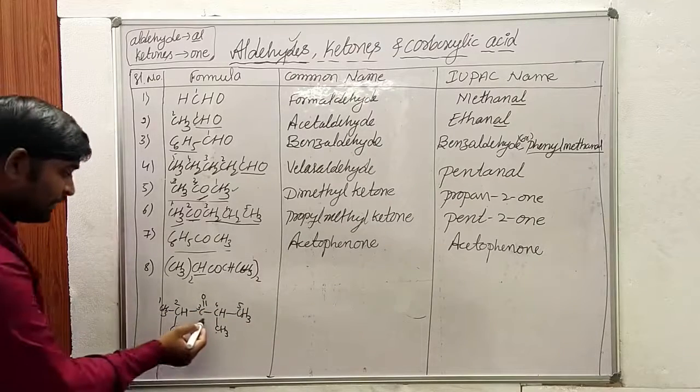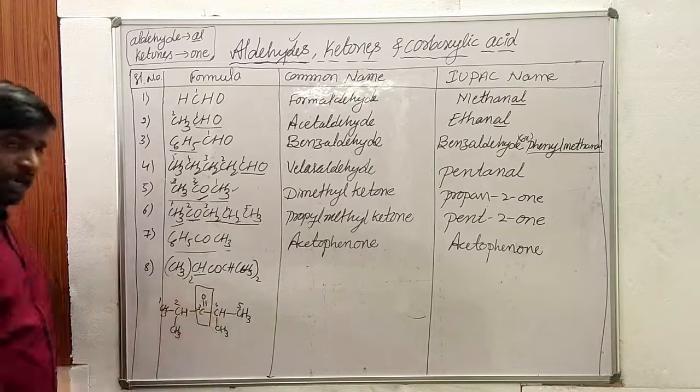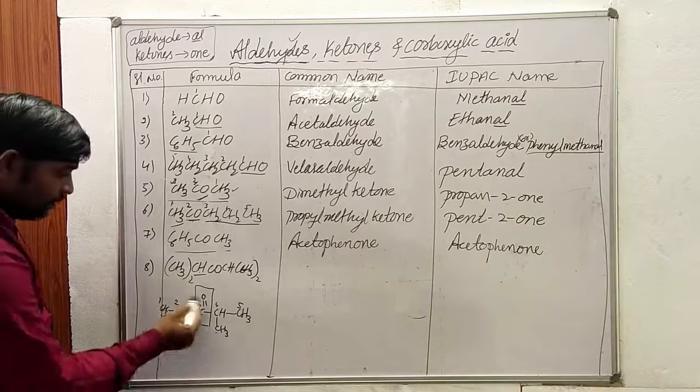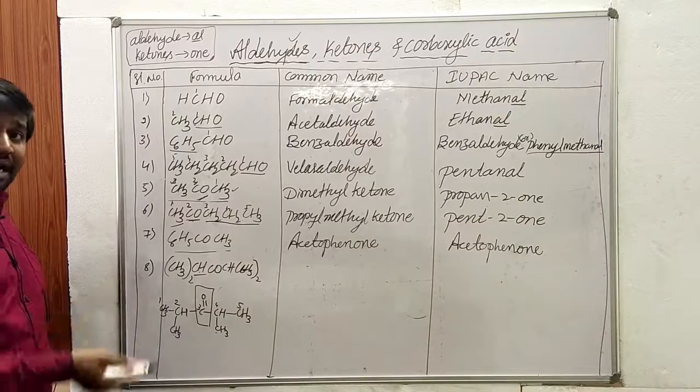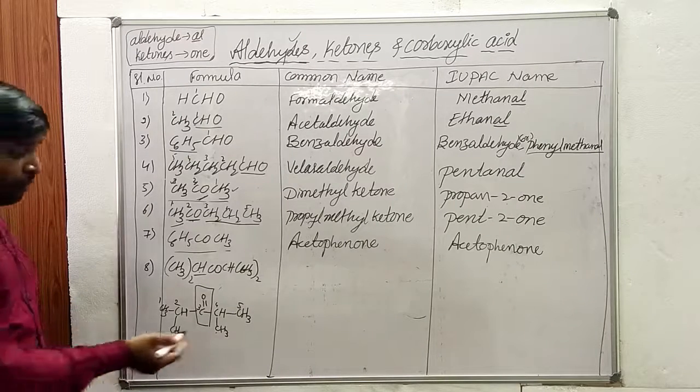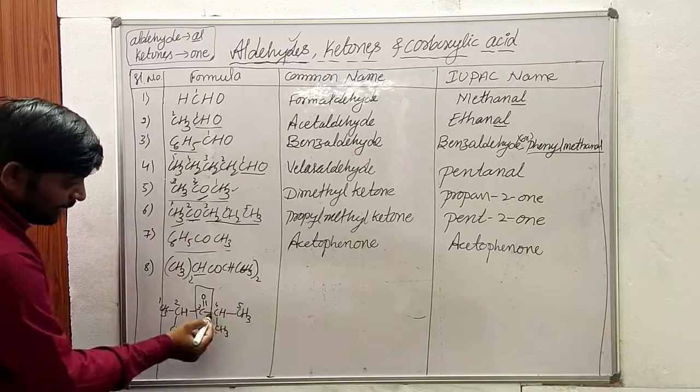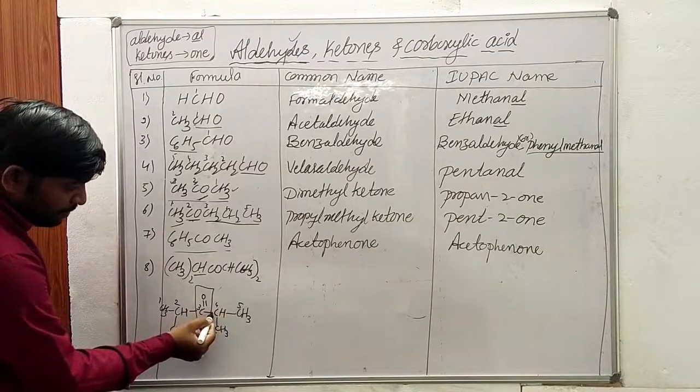This is the carbonyl group. While writing the common names, we have to represent it as an alkyl ketone. What is the alkyl group? The middle carbon atom is attached to the carbonyl group, so we consider isopropyl. Both are isopropyl, because both alkyl groups are the same.